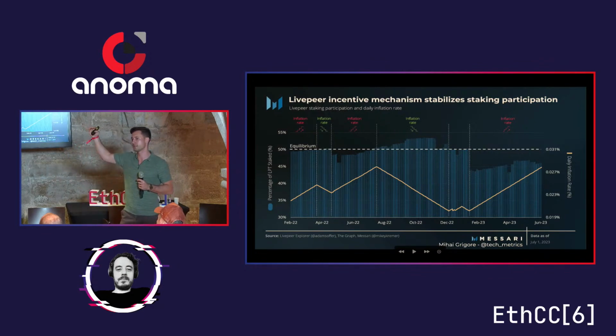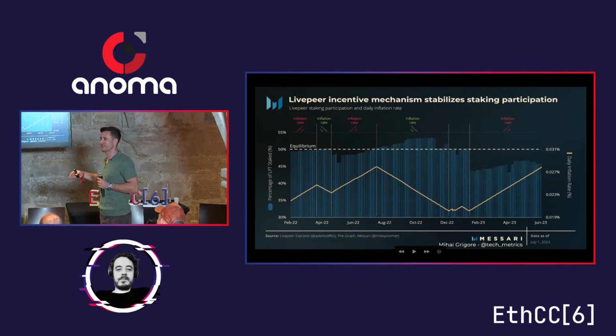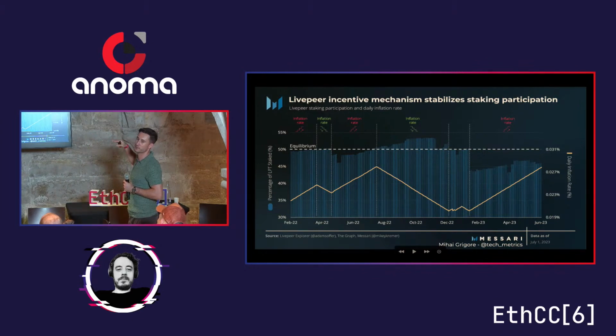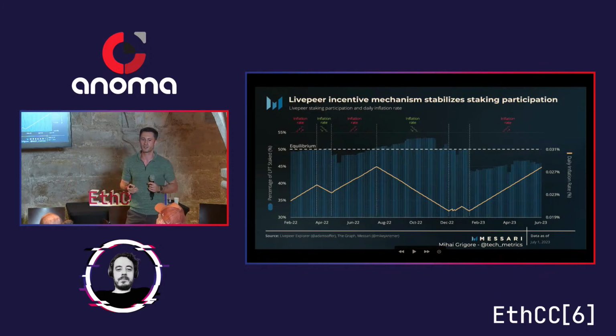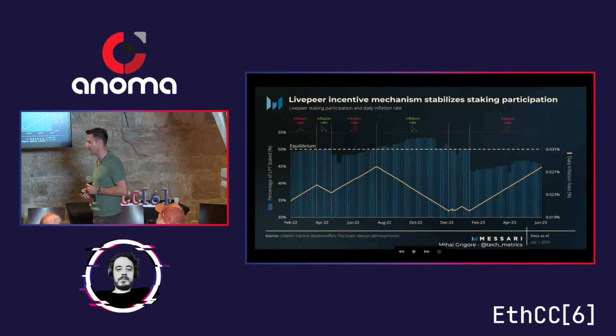And whenever staking participation is above the target equilibrium level of 50%, the inflation goes down. So you can see here, since February, we have inflation growing because staking participation suddenly dropped below 50%. And my interest here over the next quarter is to look whether staking participation will increase over time, being incentivized by this growth in inflation.